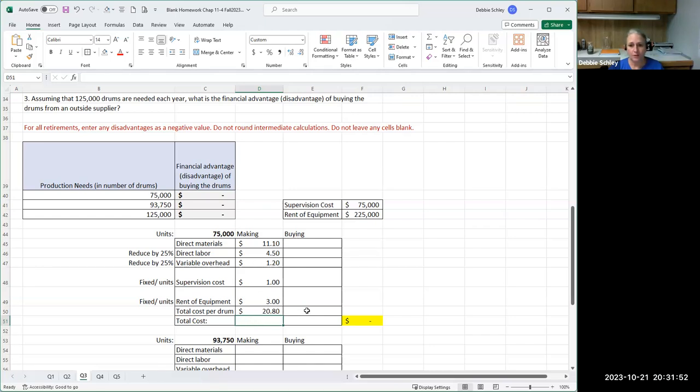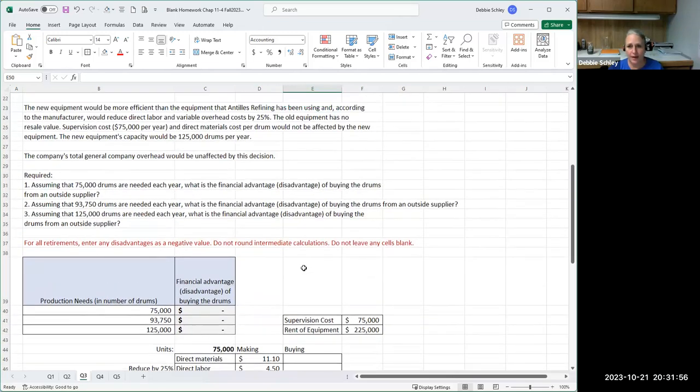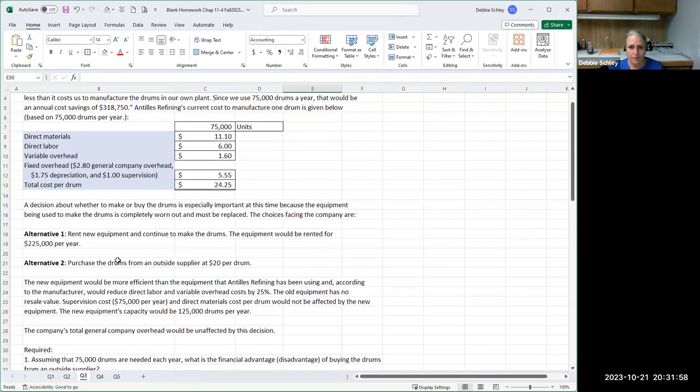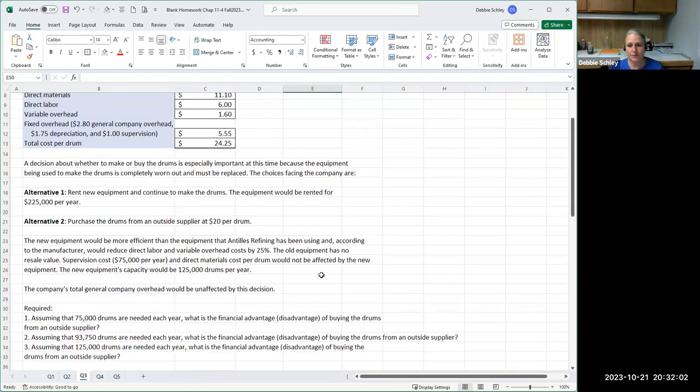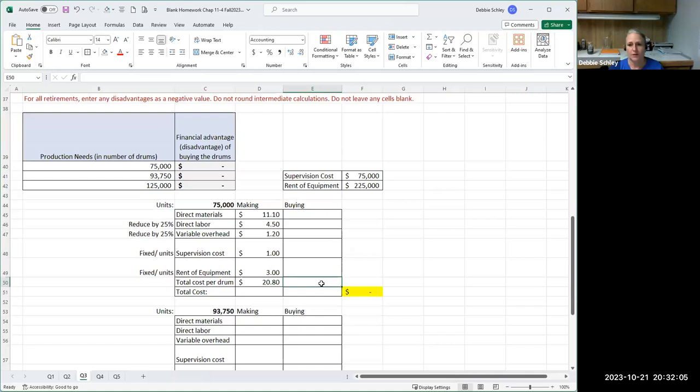per unit. And per unit, remember, if I was buying them, purchase the drums from an outside supplier at $20 per drum. So that's my alternative two. And so that was $20. Okay. So now to get the total cost, I take my per unit times the number of units.